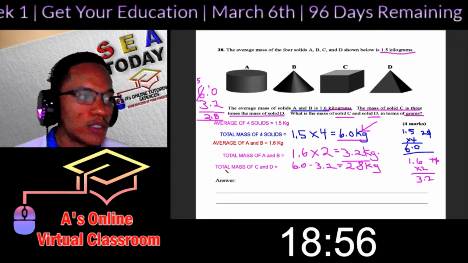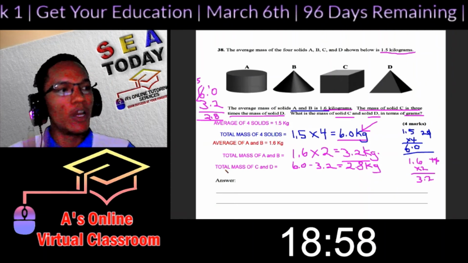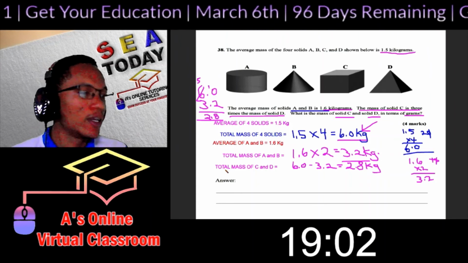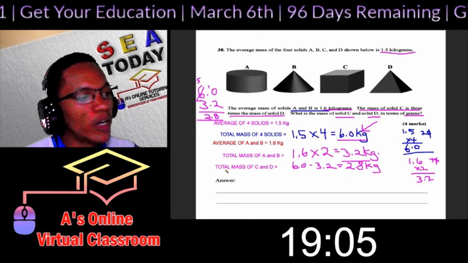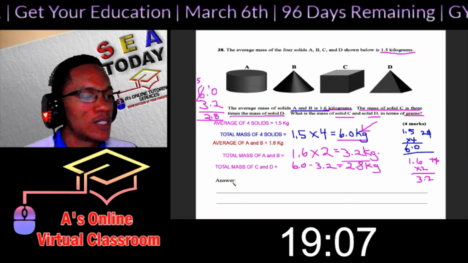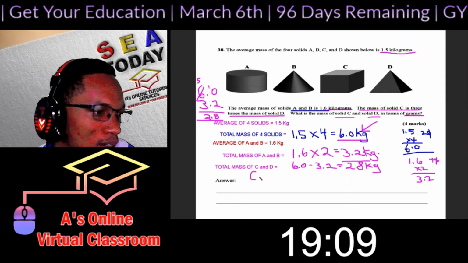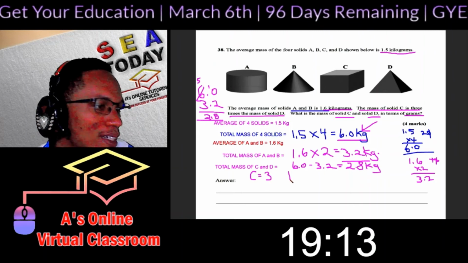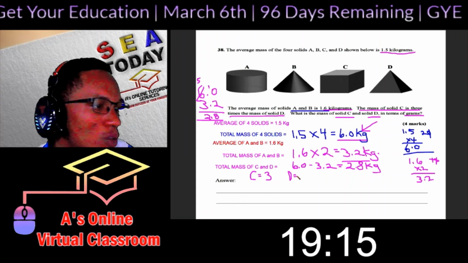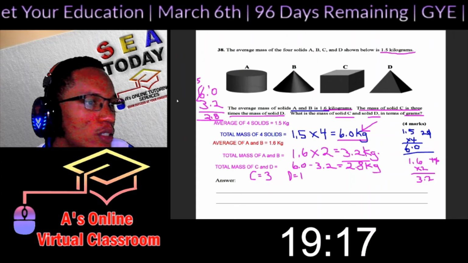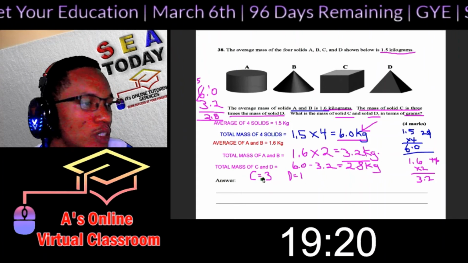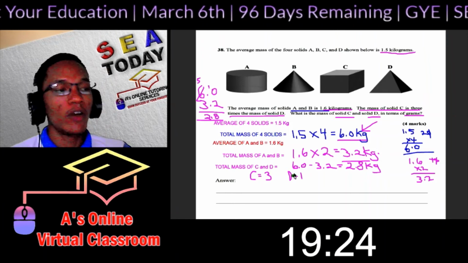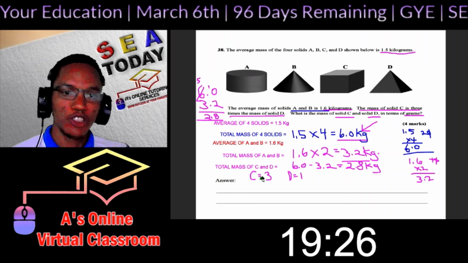So this is where the sharing of the weight between the two would have to be calculated. So this is how you kind of approach this. C is 3 and D is 1, because the question told us that C is 3 times the mass of D. So if D is 1 kilogram, C will be 3 times that, which is 3.